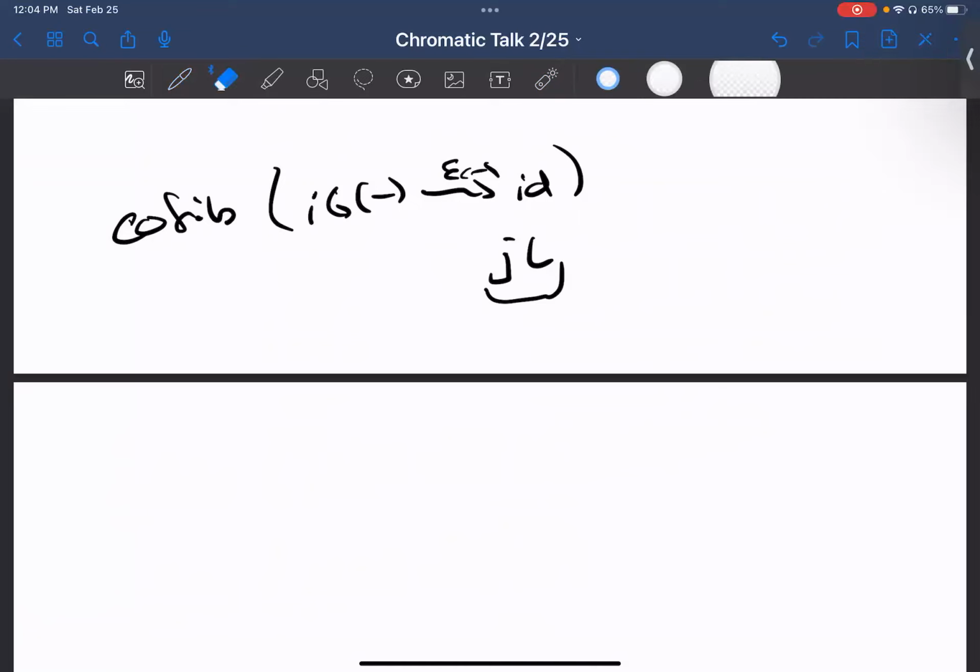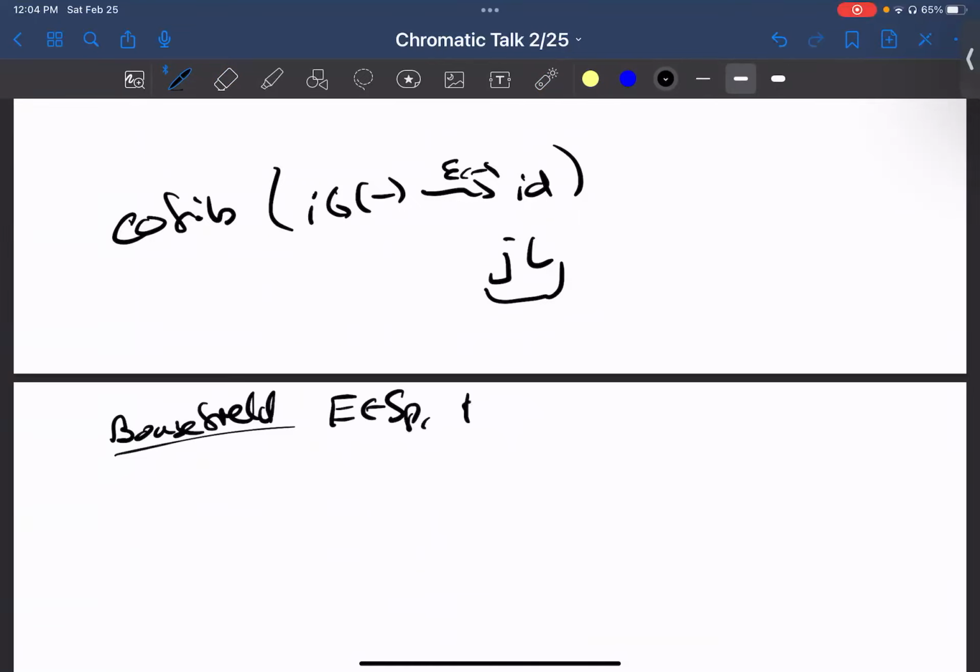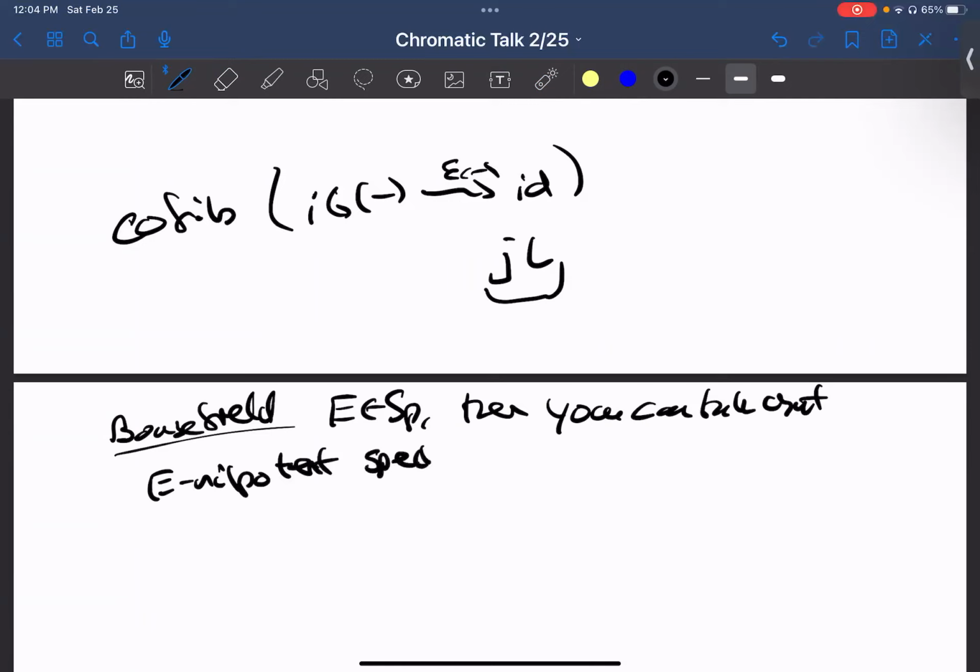All right. And now Bousfield has some examples where you're going to take some spectrum E. Then you can talk about E nilpotent spectra. Well, even first E acyclic spectra.